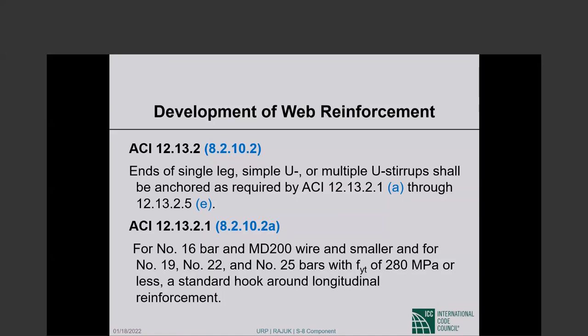That's all you need. So for the small bars, and for the larger bars if it is grade 40, all you need is a standard hook around longitudinal reinforcement. So you have stirrups with standard hooks around longitudinal reinforcement, and your stirrups are fully developed.